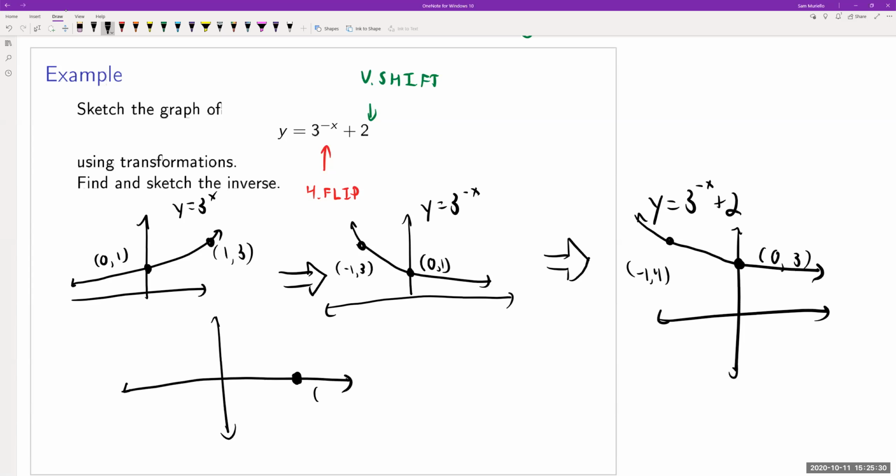So we will go through 3, 0, and 4, -1. And it will look like this.